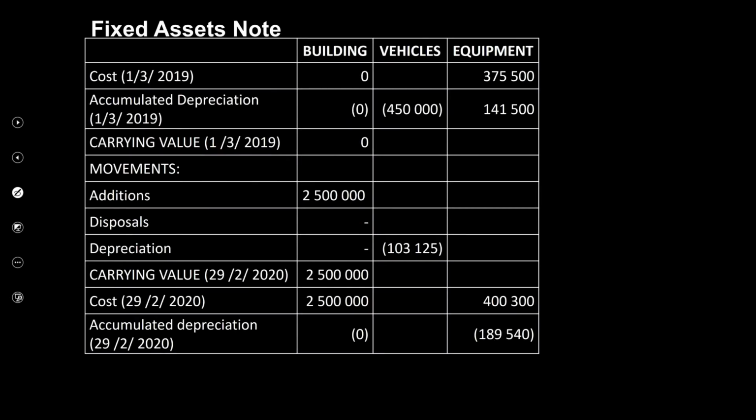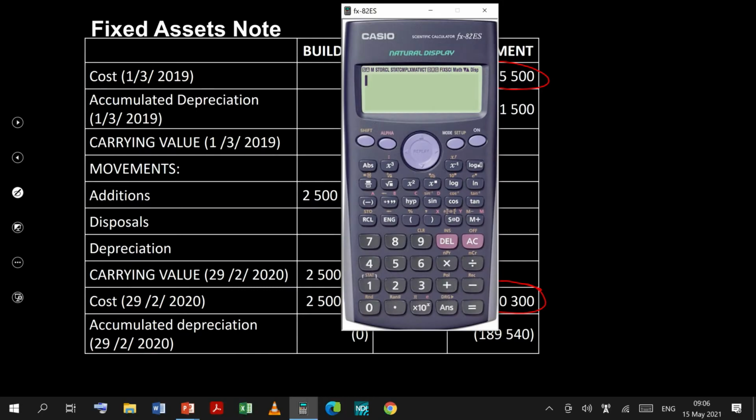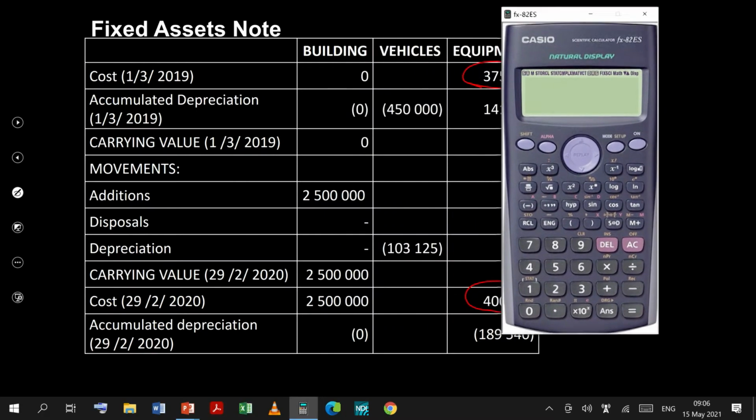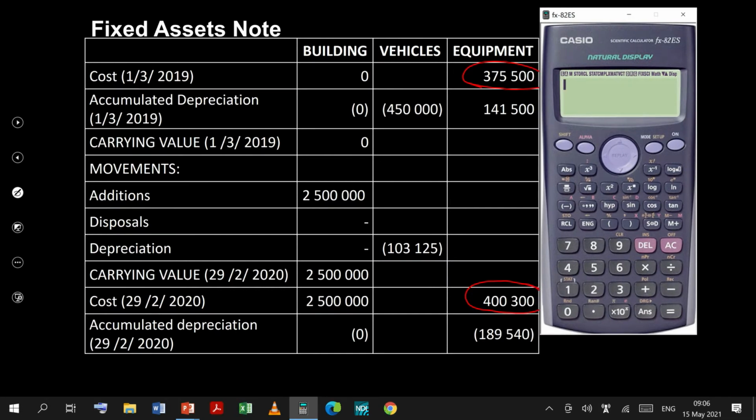Clearly you can see, if you look at your equipment, the beginning of the year had an opening balance of 375,500, and the end of the year has a closing balance of 400,300. So immediately what we're going to do is take 400,300, which is my closing balance, minus my opening balance of 375,500, and you will notice you get a figure of 24,800.